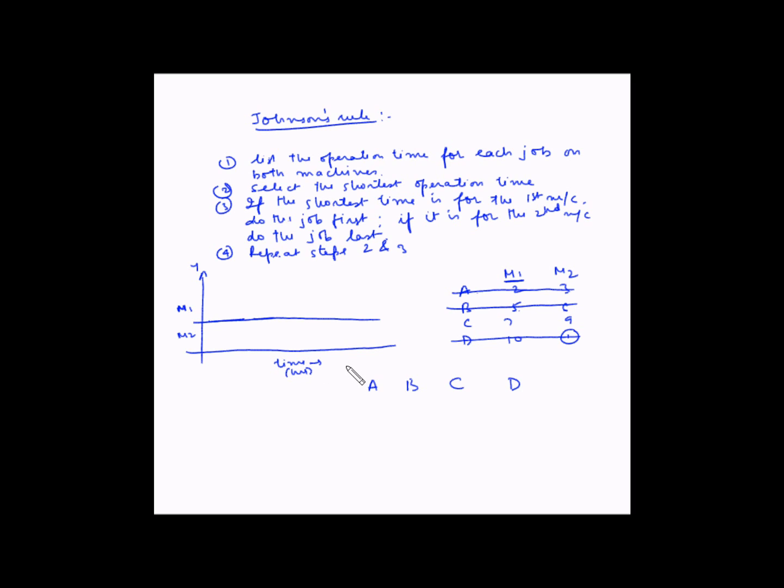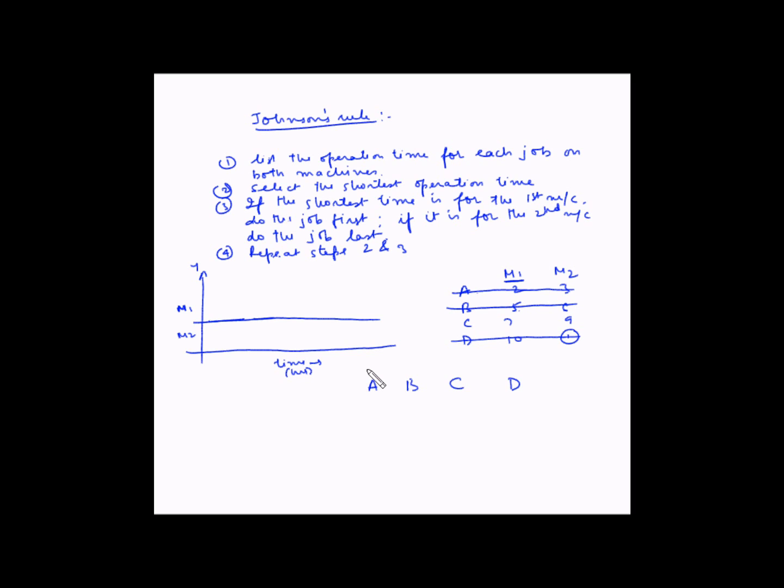Now what this rule is saying is that if the shortest time is for the first machine, there is a constraint that the processing of each job has to be done first on machine M1 and then on M2. So the first job that you do on machine M1, till that job finishes its processing on M1, you cannot process anything on M2.